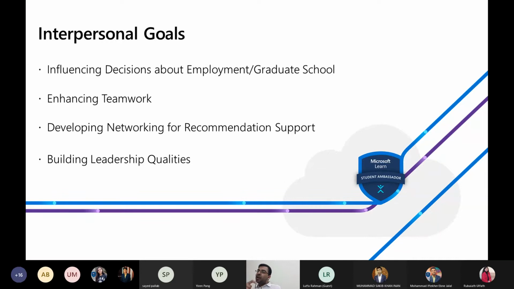So you make contacts with them so that they will be a recommendation support for your life after undergrad, be it an application for masters or an application to an industry or any other office or organizations.